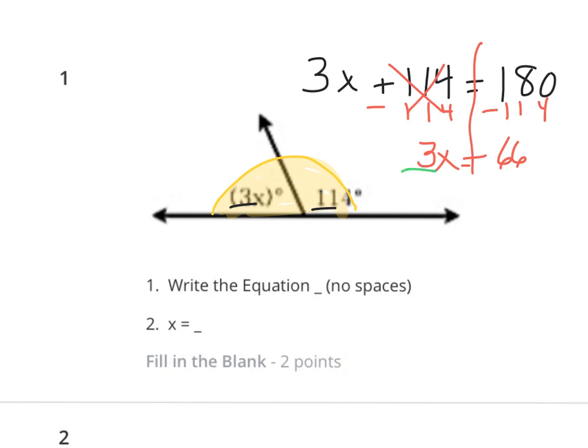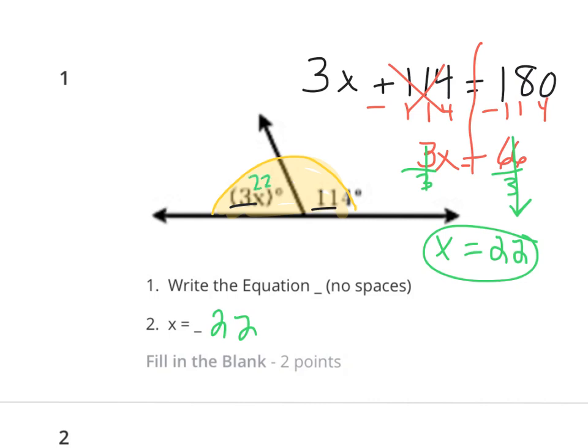You have to remember, we have to divide both sides by 3 so that x is isolated, and then 66 divided by 3 is 22. So the answer to this one is 22. Okay, and look, if I put a 22 right here, that'd be 3 times 22 is 66 plus 114 right here would equal 180 to check it.